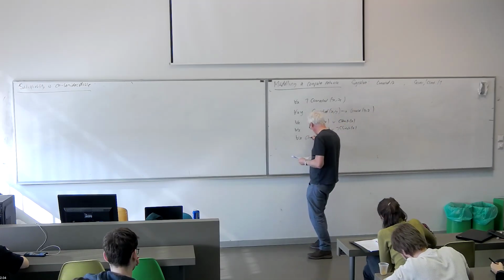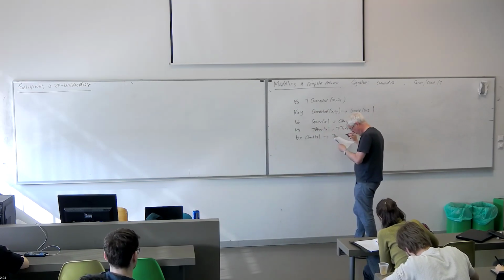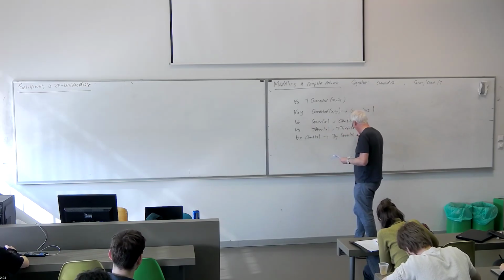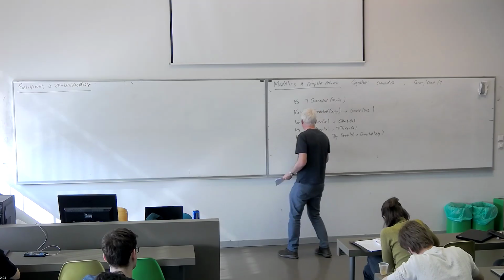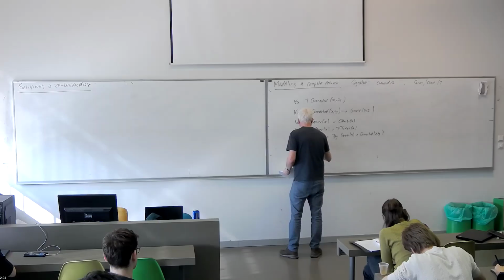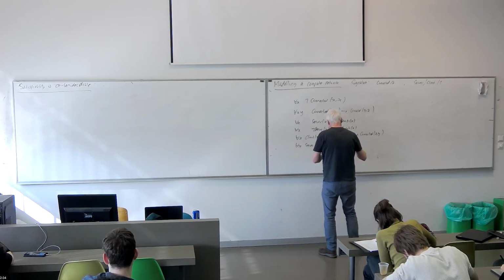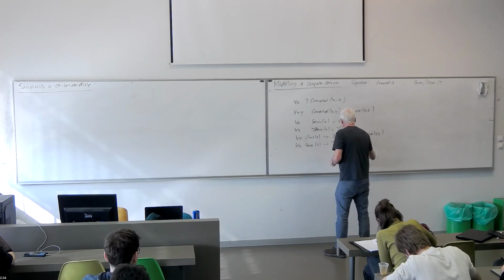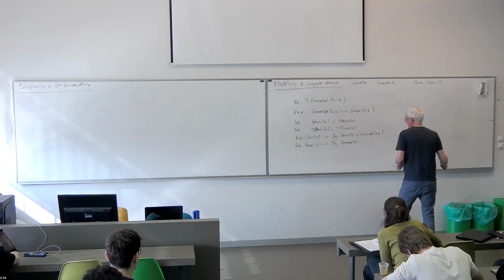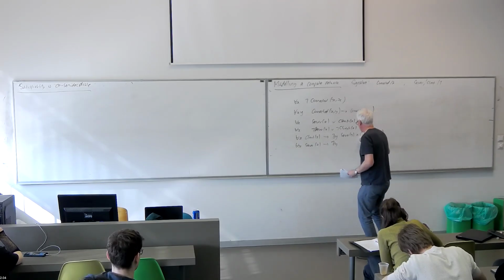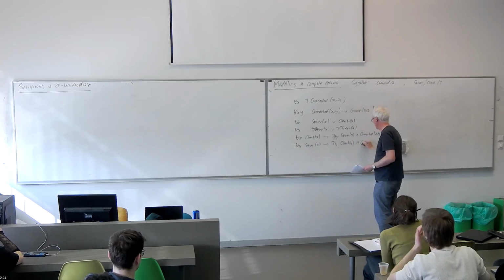For all X, if X is a client, then there exists a Y such that server Y and connected X Y. And for all X, if X is a server, then there exists a Y such that connected X Y and client Y. There's a client that X is connected to.